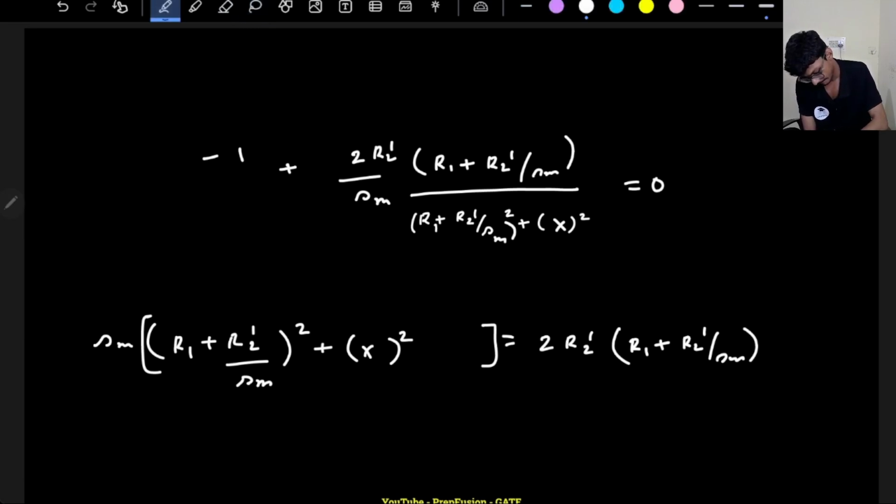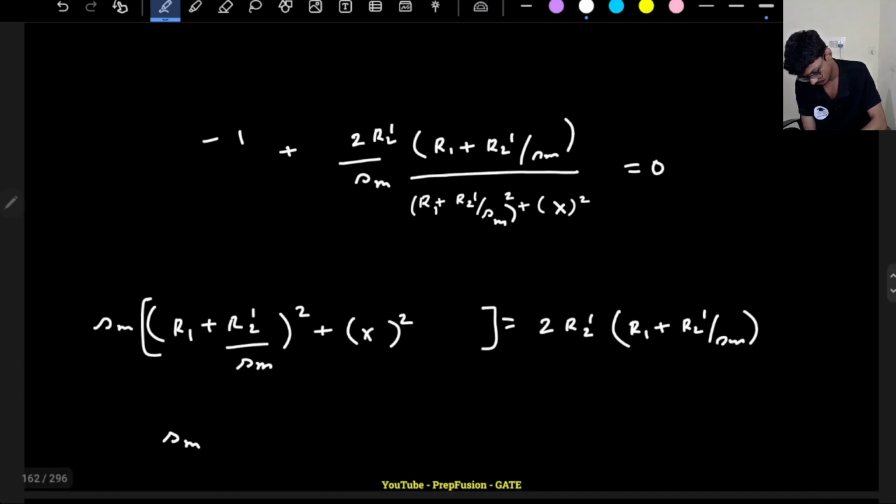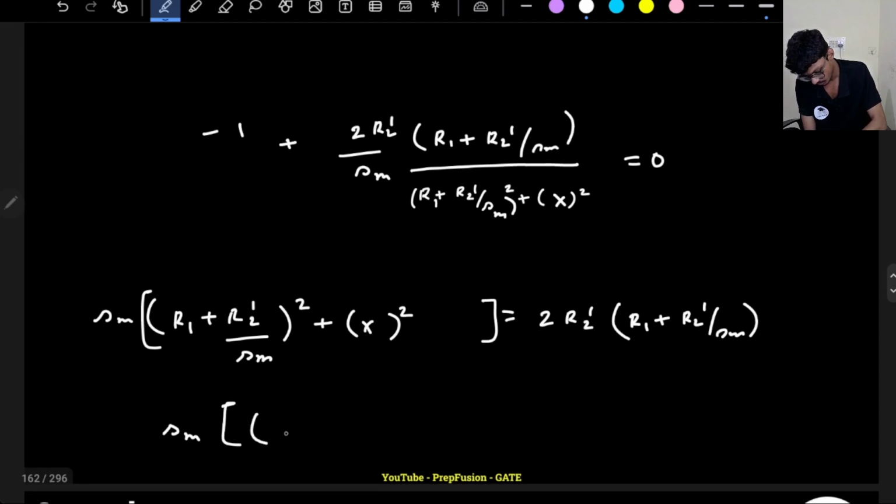So basically, sm into r1, it is 2 into r2, this, right? 2 into r2 r1.